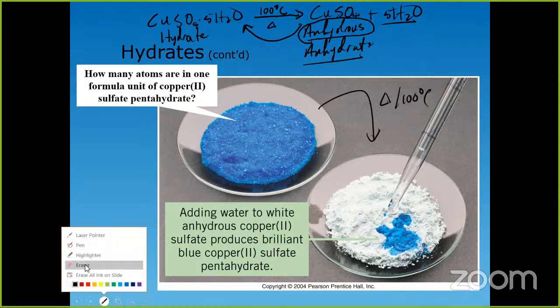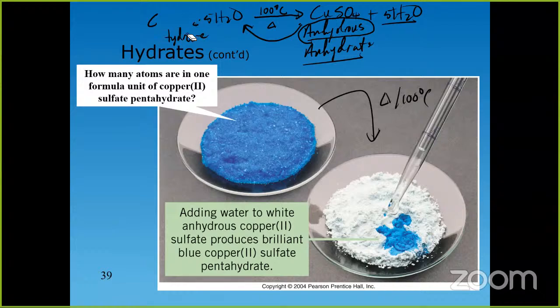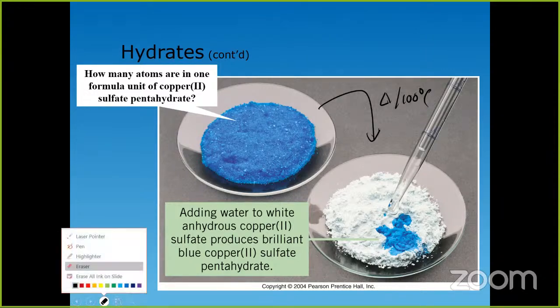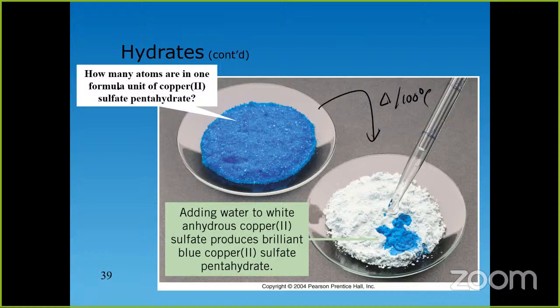In the case of the barium chloride example, both the anhydrous and hydrated forms are white in color.